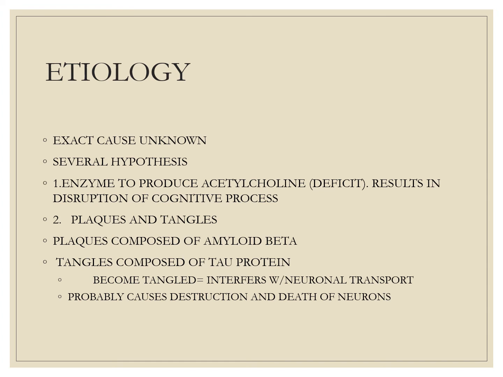One of the medications that's used is a cholinesterase inhibitor. Plaques and tangles form in the brain. Plaques are beta amyloid and the tangles are tau proteins. And that's where this can interfere with the ability of the brain to communicate with other parts of itself. Neurons can die.